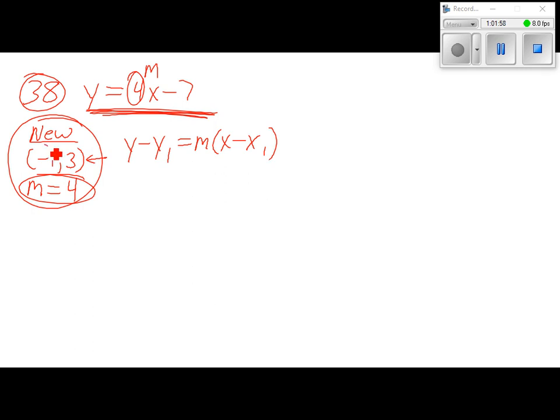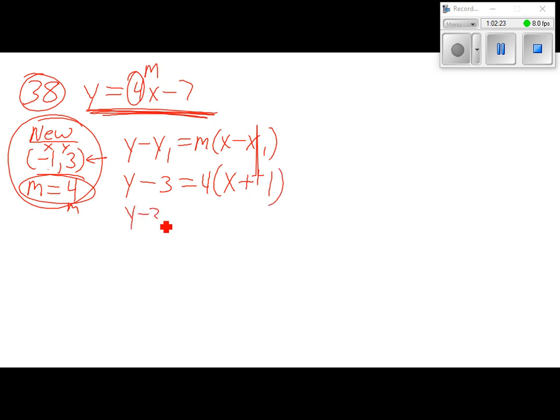This is my x, that's my y, x sub 1, y sub 1, that's my m. So I'm just going to stick those in there. y minus, our y sub 1 here is 3, our m is 4, our x sub 1 is negative 1. So when I put in minus a negative 1, that's going to end up being plus there.